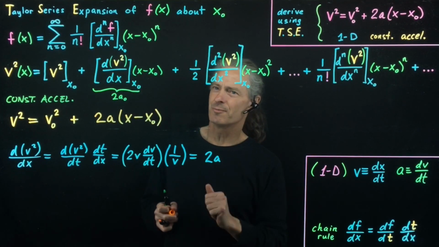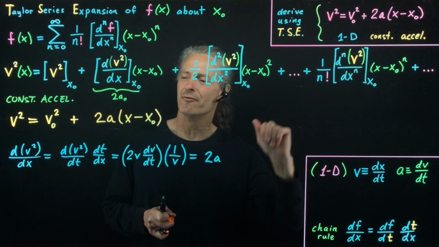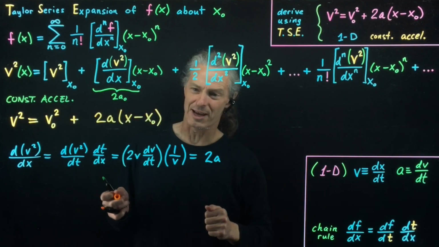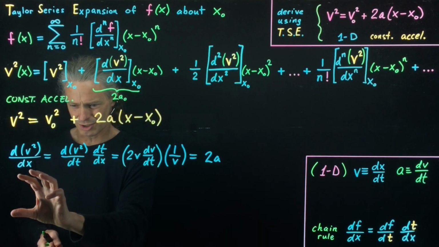But in order to make sure that we're done, we have to verify that these terms vanish in the case of constant acceleration. So let's do that now. Let's take this term right here and put it here so we can work with it.